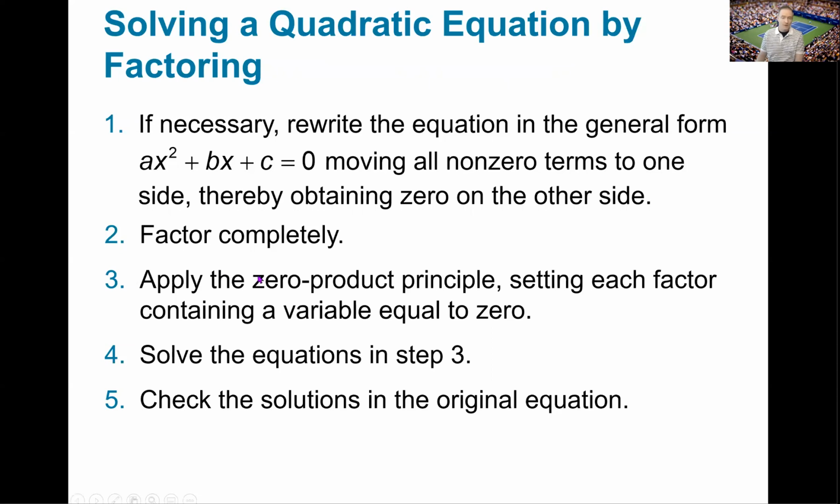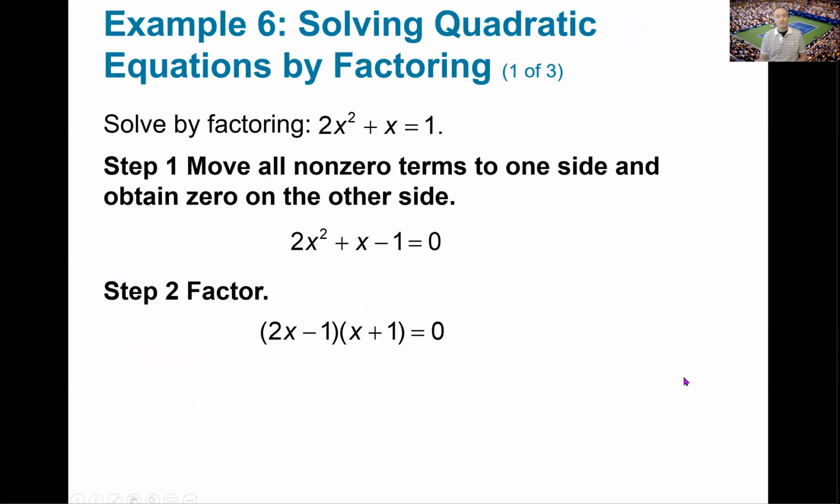And then you'll solve those equations from setting each factor equal to 0, and then you can check your solutions. We don't have to check the solutions here, but you can. Now, for example here, if I say solve by factoring 2x squared plus x is equal to 1.